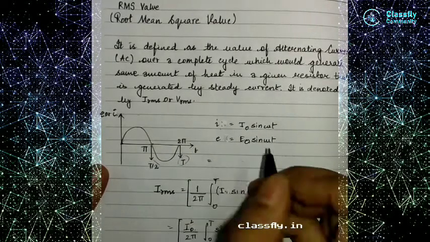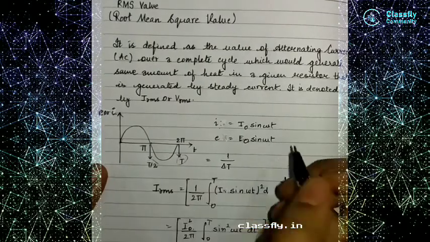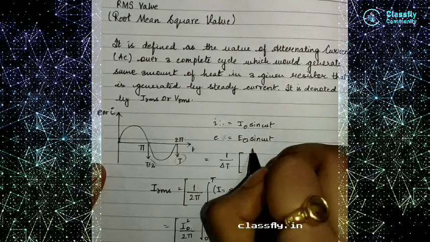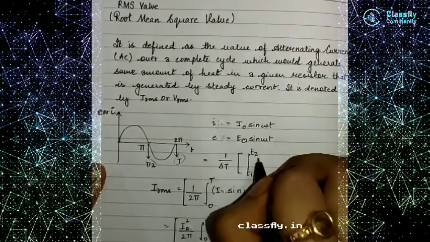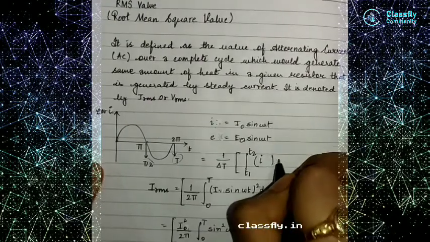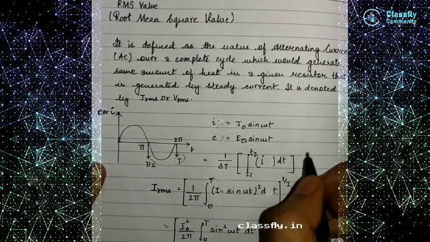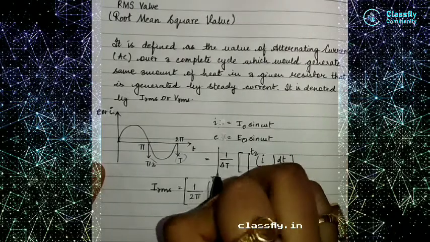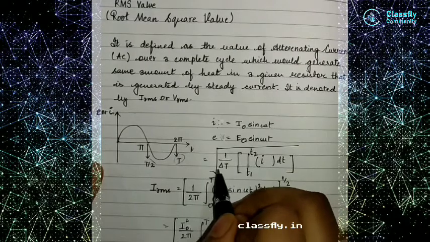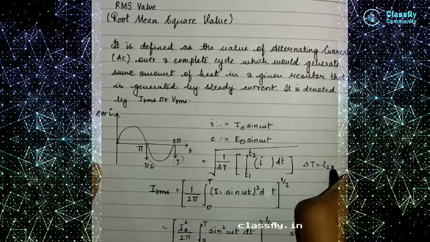Why this? Because we know 1 by delta t is the range, from t1 to t2, and this is our function of I and dt. As it is root mean square, it will be under root, so 1 by delta t, where delta t means t2 minus t1.